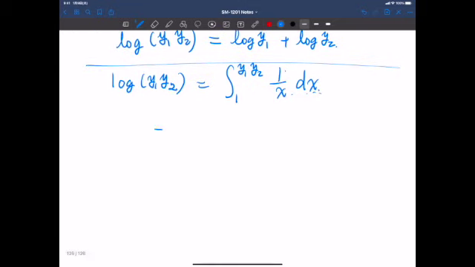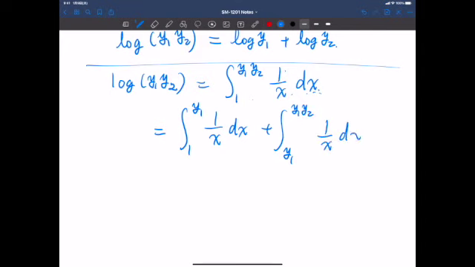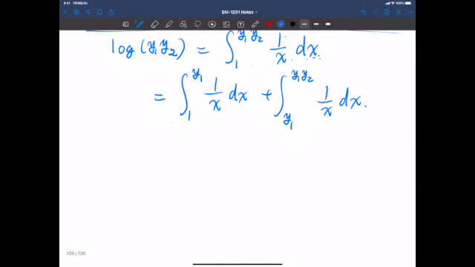And by a property of integral, this is equal to the integral from 1 to y1 of 1 over x dx plus the integral from y1 to y1 times y2 of 1 over x dx. But the first part is log y1.